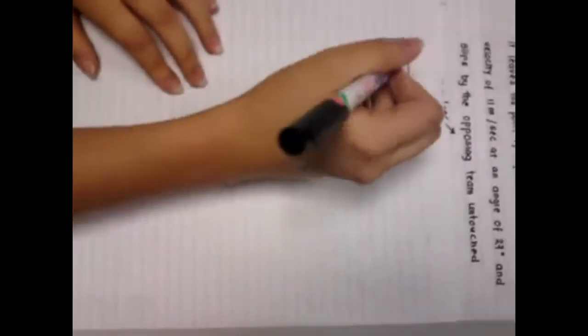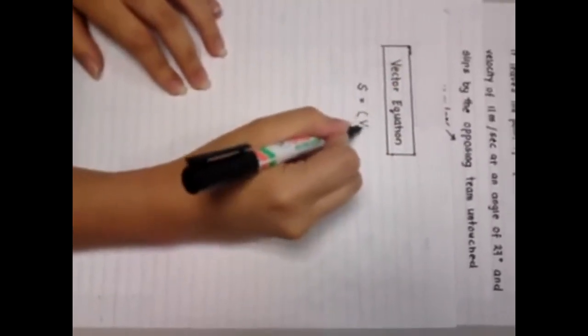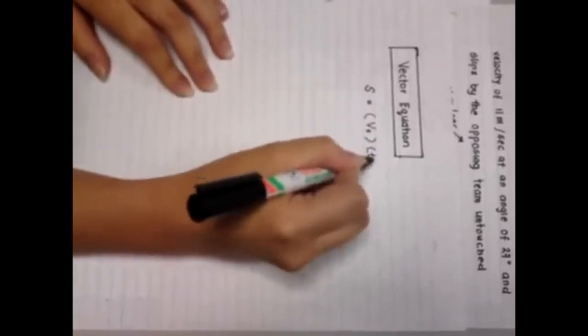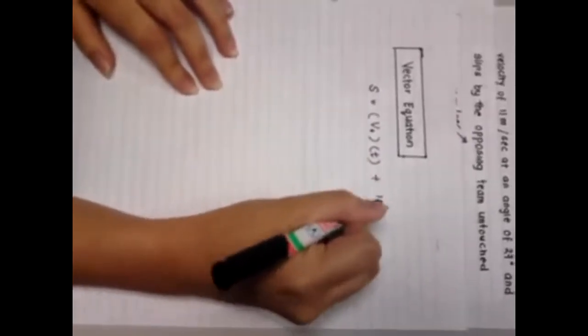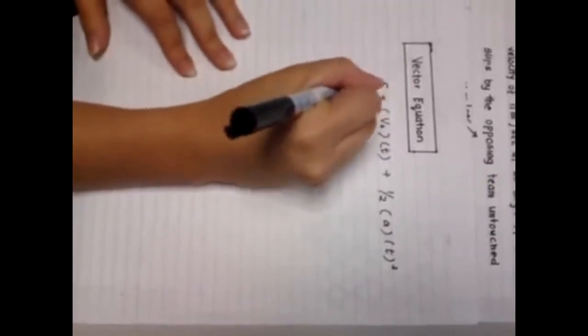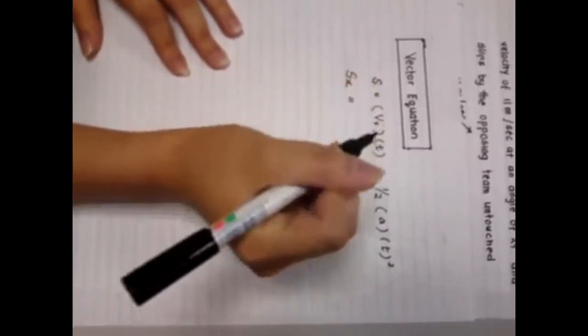So how to find the vector equation? There's a formula for vector equation, which is S equal to V naught T plus half acceleration T squared. So we divide into two parts. First, we find the x, which is the distance for x.